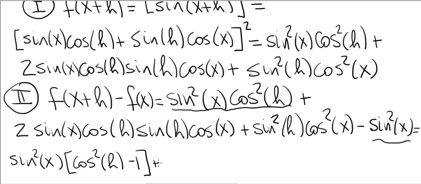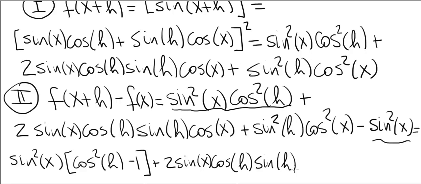Everything else stays the same, so plus twice sine of x times cosine of h times sine of h times cosine of x, and then plus sine squared of h times cosine squared of x. There's one more thing that we can do here.